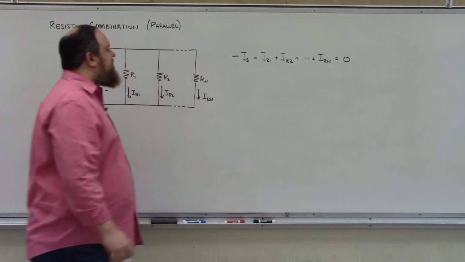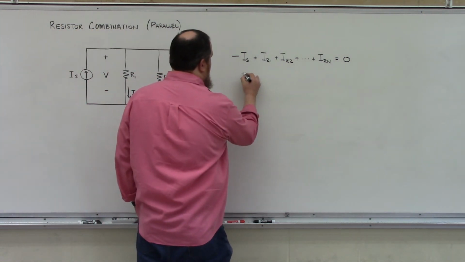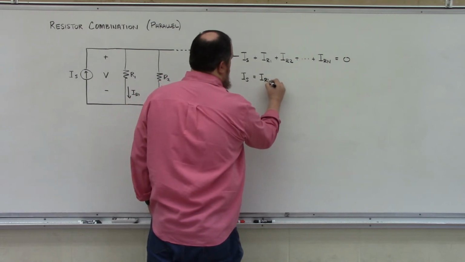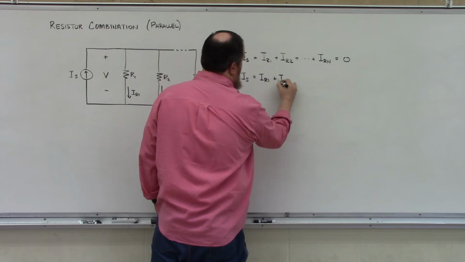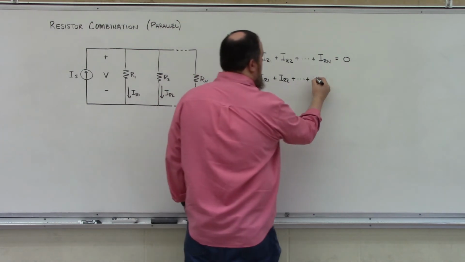I can isolate the source term and put it on its own side of the equal sign. So I'll have IS is equal to IR1 plus IR2 plus IRN.